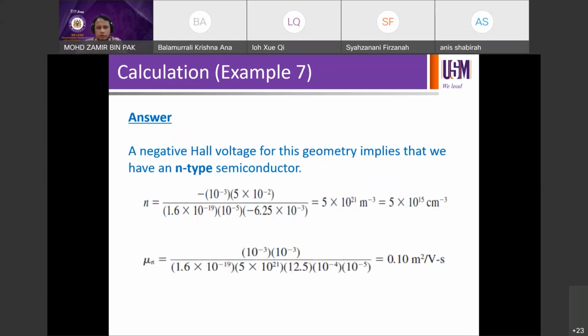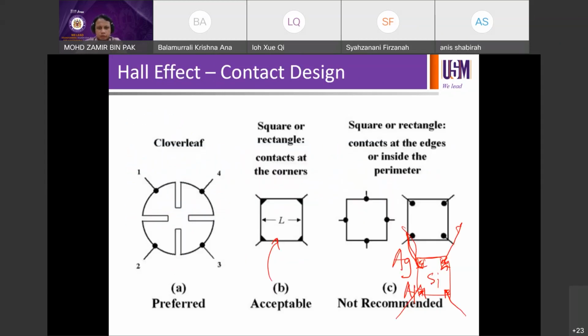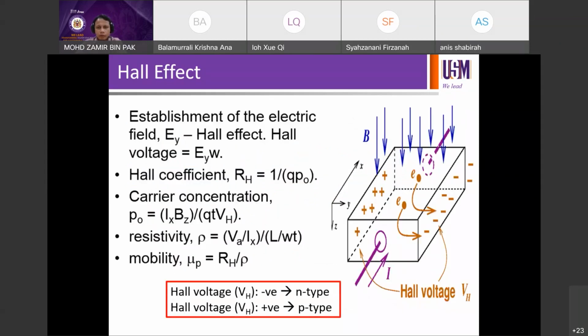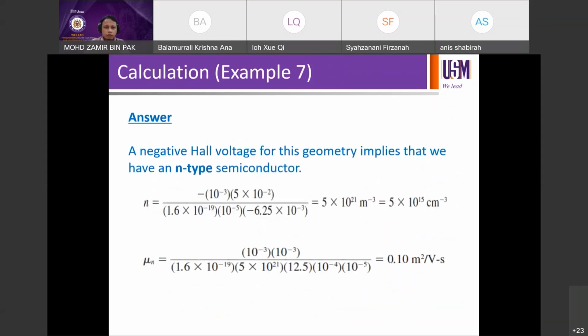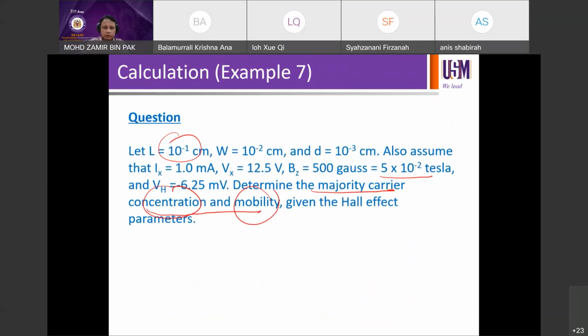So what you have to do is, as we discussed just now, since you are given a negative Hall voltage, that means the majority carriers in your semiconductor are electrons, so you know already that it's N-type. The negative Hall voltage implies that you're working on an N-type semiconductor material, and therefore you can use the equation with the given parameters here.